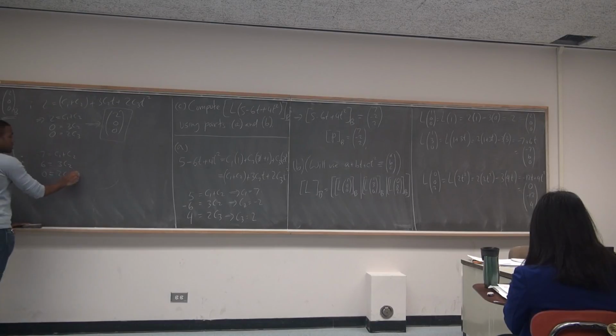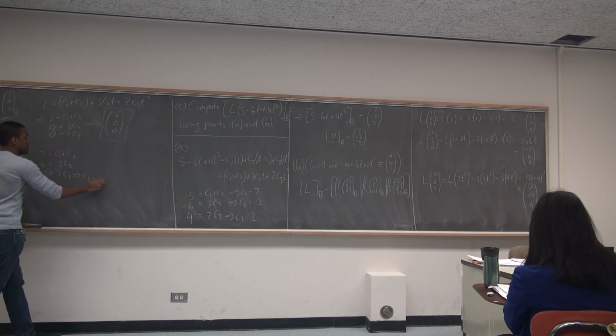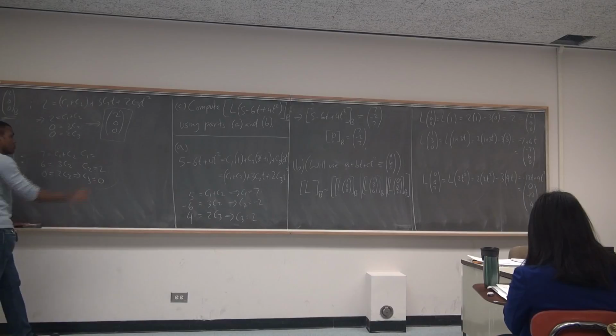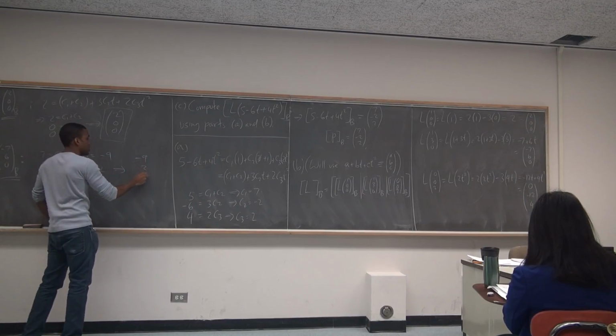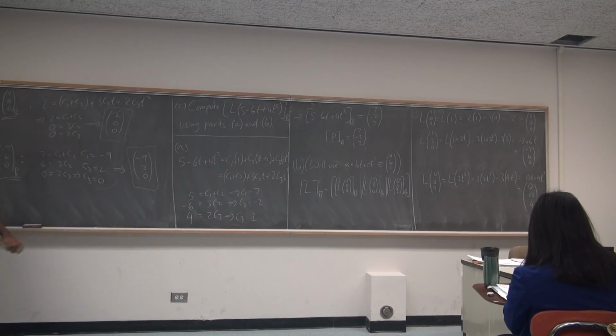So here I get C3 is 0, C2 is 2, C1 is minus 9. So that gives me minus 9, 2, 0. Is that the basis vector in terms of B?